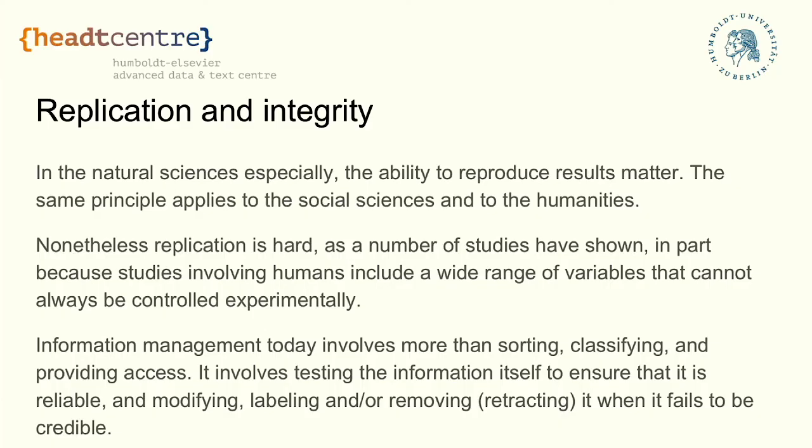We're almost at the end here. Replication is important. There have been a number of replication studies, and those studies show clearly how difficult it is, especially in any kind of circumstance where humans are involved, because you add a lot more variables.